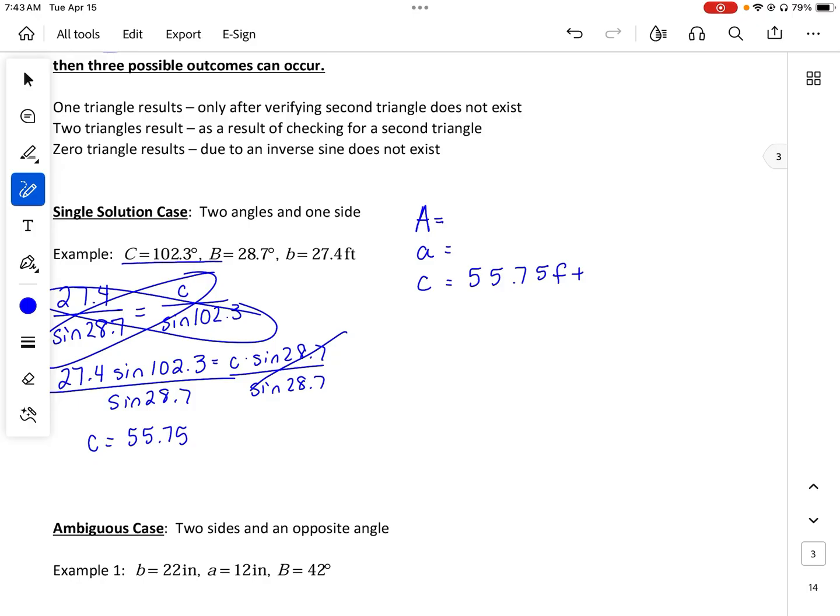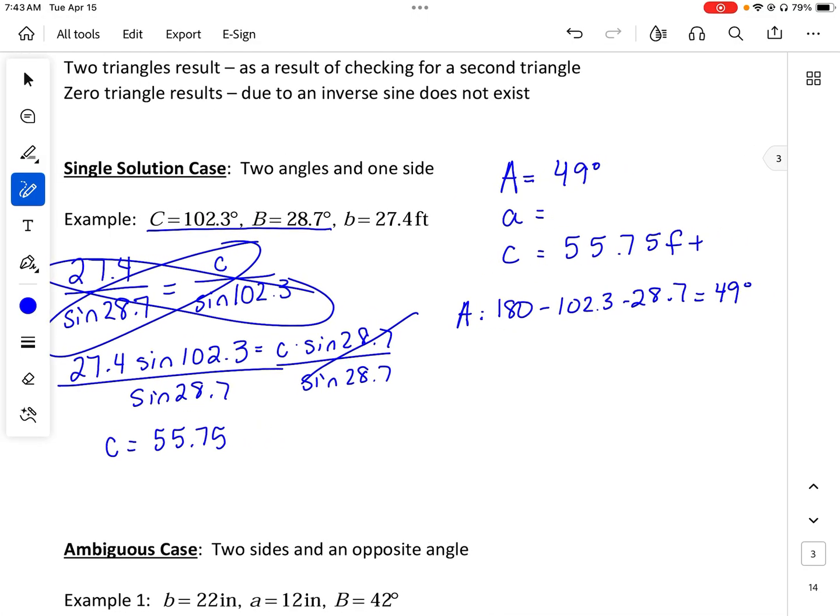We can't do side A yet because we have to find the angle A. Remember, all angles in a triangle add up to 180. So to find angle A, we're going to do 180 minus the other two angles. Put that in your calculator, and that equals 49 degrees.